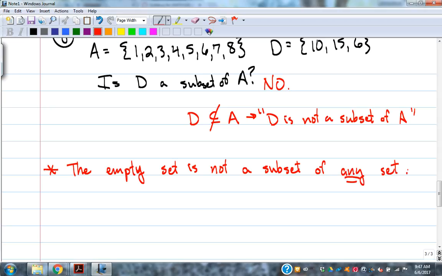So you can't have the empty set being a subset of anything. The empty set kind of sits on its own. It's not a subset of anything else. It's just nothing is what the empty set is. It's nothing. So that's why it can't be a subset.